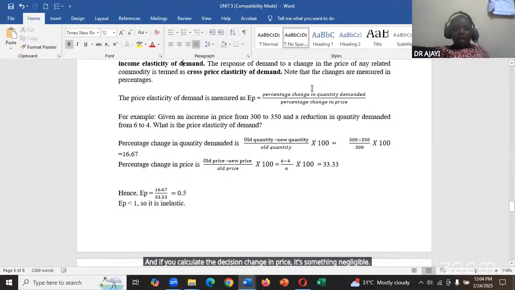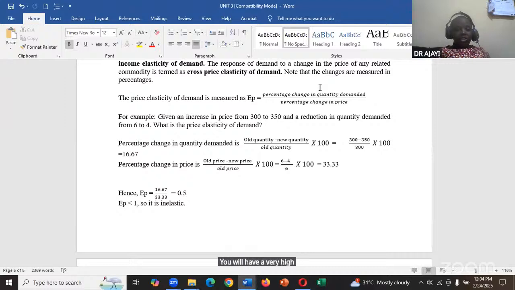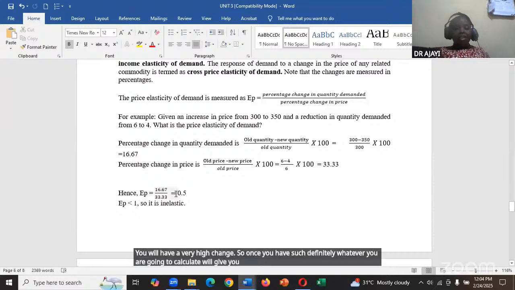Now you have a situation where the percentage change in quantity demanded, which happens to be the numerator, is a very high change. So once you have such, definitely whatever you calculate will give you a very large number, which is why for a perfectly elastic demand, we have a coefficient that is high.